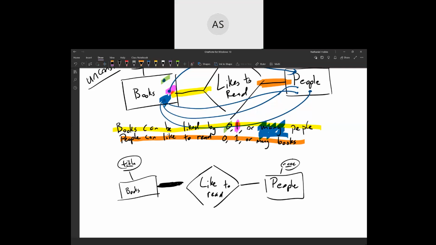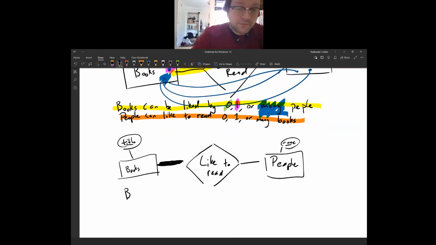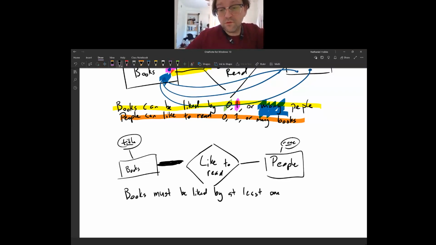So now books have to be liked by at least one person? Yes. So now books must be liked by at least one person. Okay. Do you agree with that? I guess. Okay. Yes, exactly.